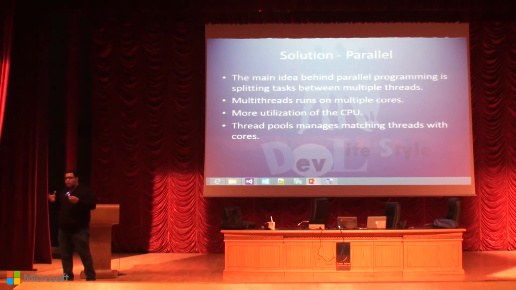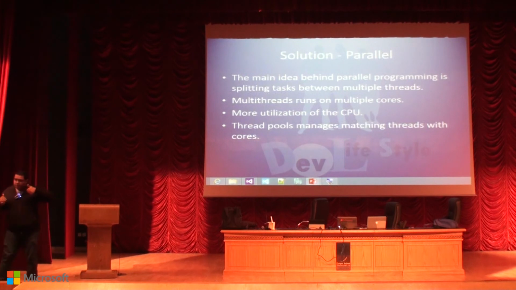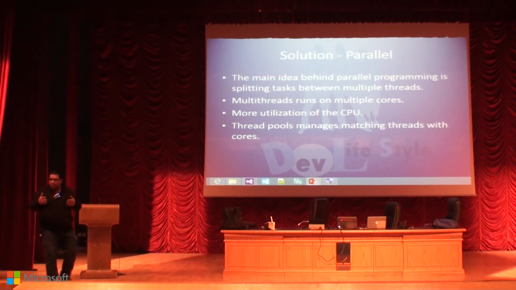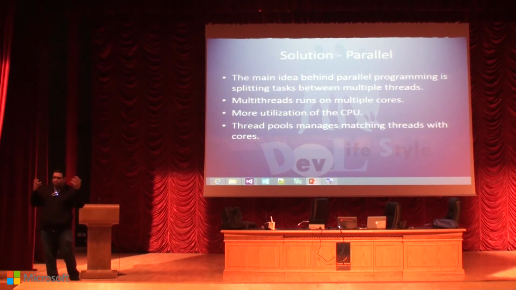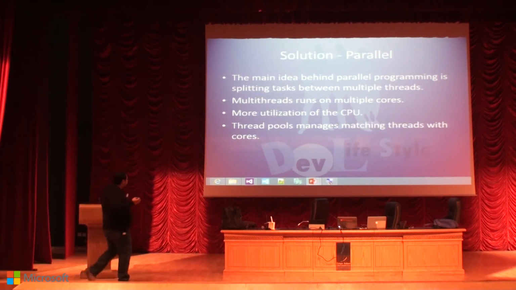The main concern is to do as much work as you have in less time. So I'm talking here about the performance. That's why when I first defined asynchronous, I said it's not about the performance, it's about the responsiveness. There are exceptions, of course, but this is a general idea to differentiate between the parallel and asynchronous.